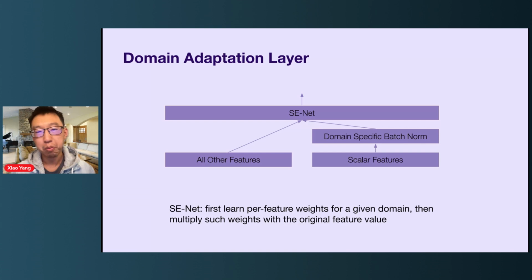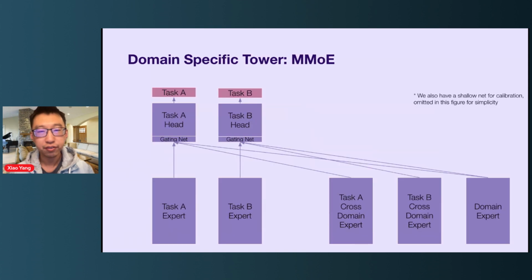And the second component is what we call a squeeze-and-excitation net that tries to learn the weight of each individual feature and uses that weight to get a weighted sum, or attention-style combination, of features that can be used downstream in the model. Those two components make up the domain adaptation layer.